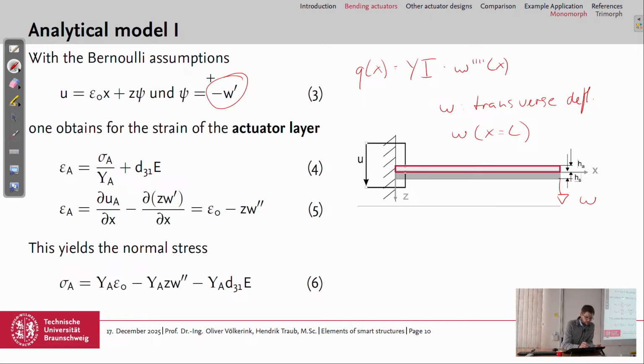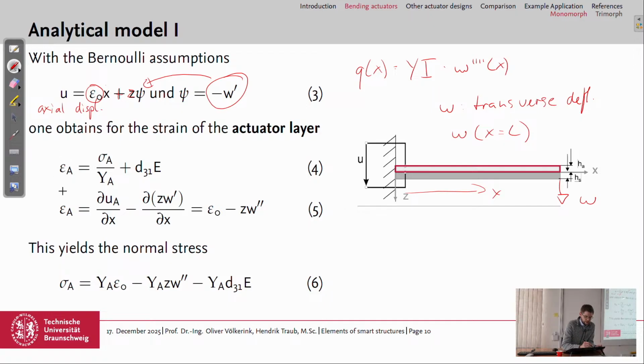And if we put it into this equation, then we have an equation for the axial displacement, which comes from the axial elongation times the x coordinate, which goes in this direction, plus the axial displacement due to the bending, which is z coordinate, so distance from the neutral axis times the slope.